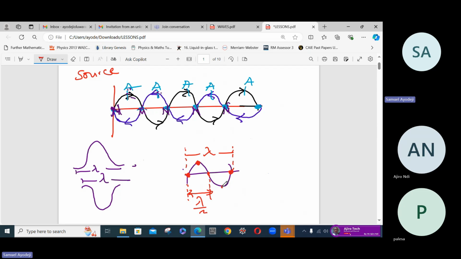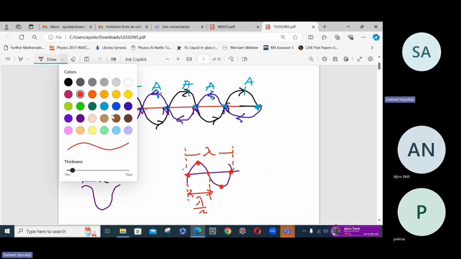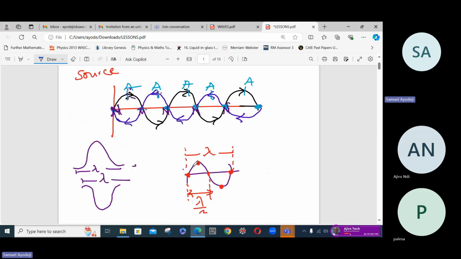Okay, fine. So let me also do it this way now. 1/4. Let me label it as A, B, C, D, E. Now, A to B is lambda over 4. We are dividing by 4.